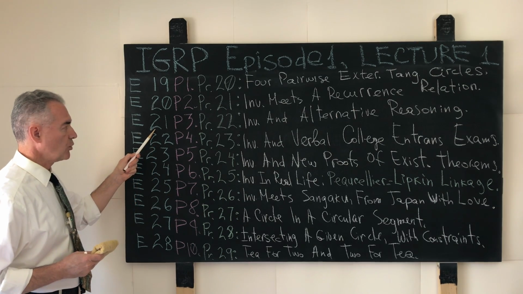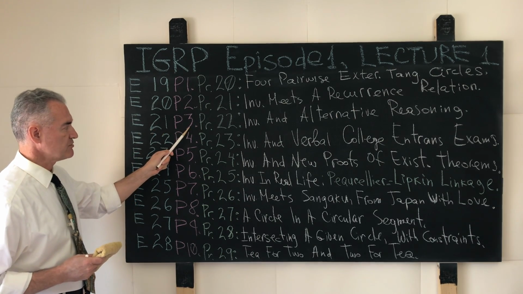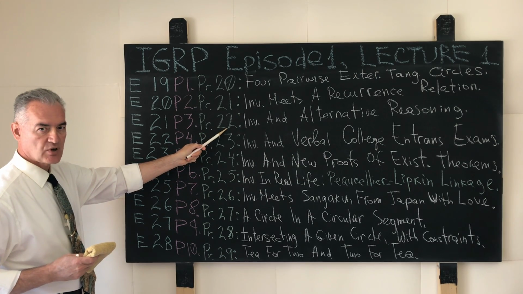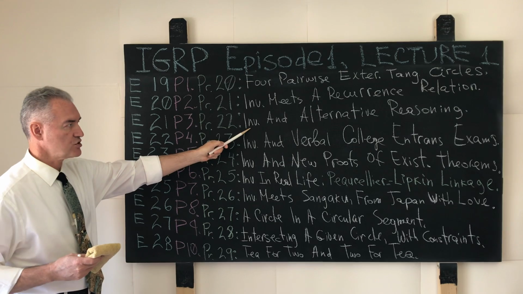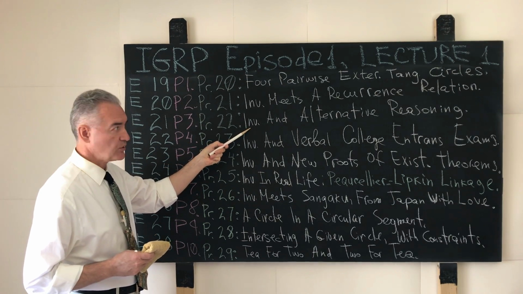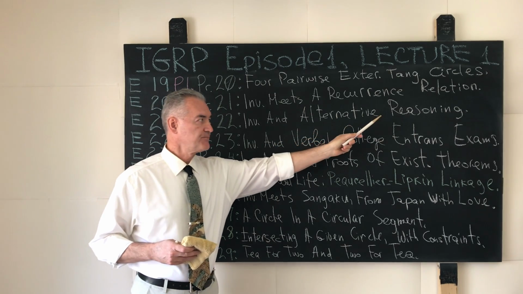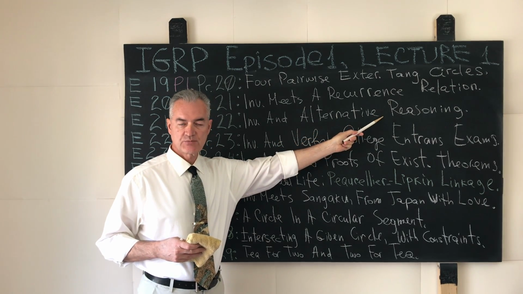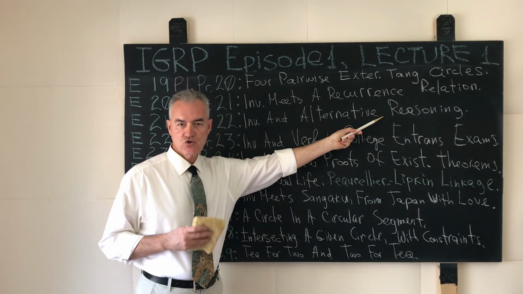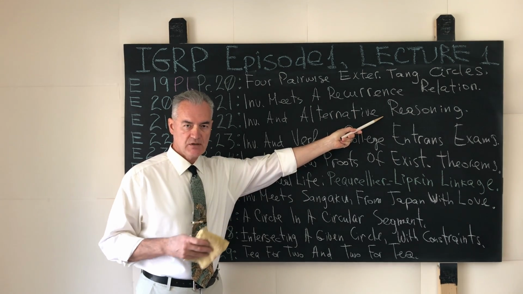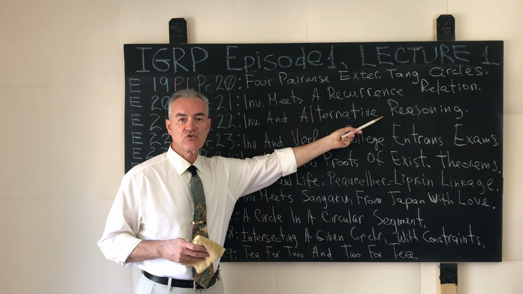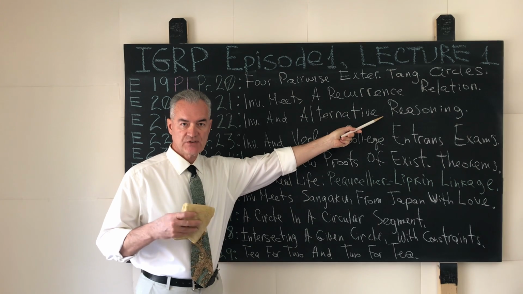In episode 21, practice 3, we will solve problem number 22. And in that problem, we will see that inversion will be mixed with an alternative reasoning. And the reason I bring this problem into the mix is because back in my time, when I was in college, all the exams for theoretical physics majors were held in a strictly verbal, real-time, face-to-face format.